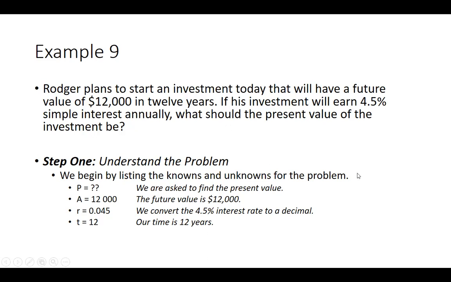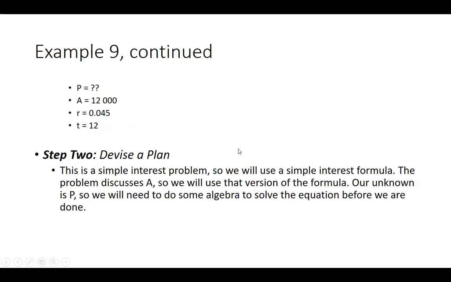So T is 12. This is a simple interest problem, so we will use the simple interest formula. The problem discusses A, so we will use that version of the formula. Our unknown is P this time, so we're going to need to do a little bit of algebra to solve the equation before we're done.